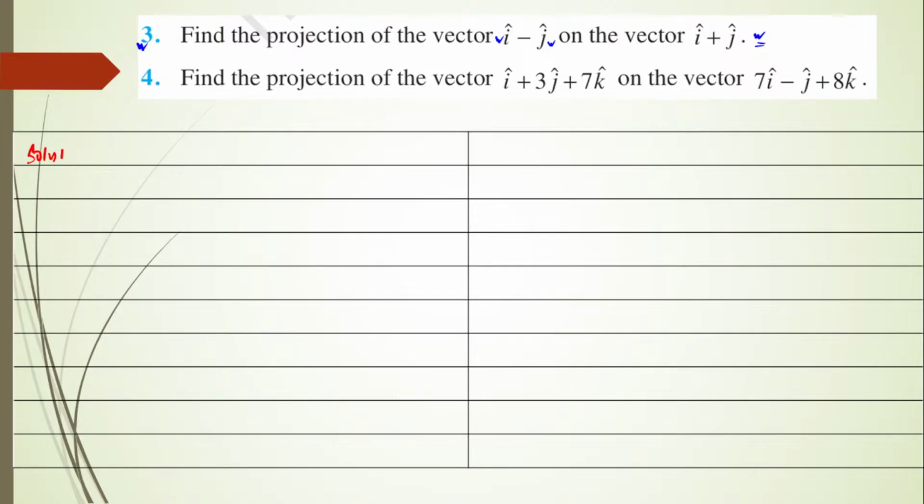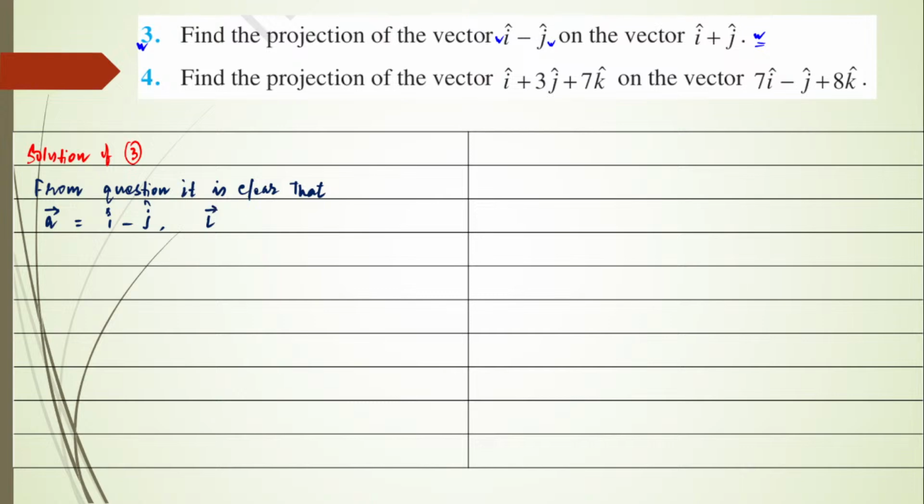Solution of question number 3. From the question it is clear that vector A equals unit vector i minus unit vector j.